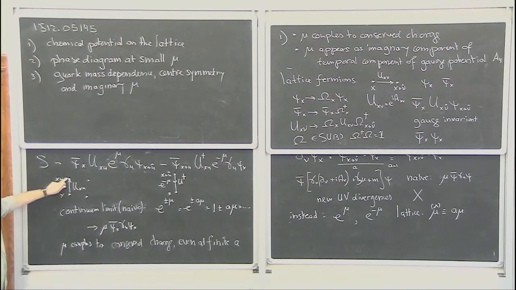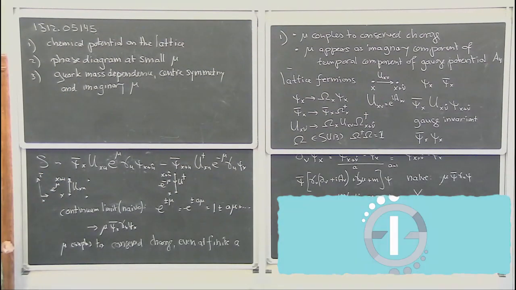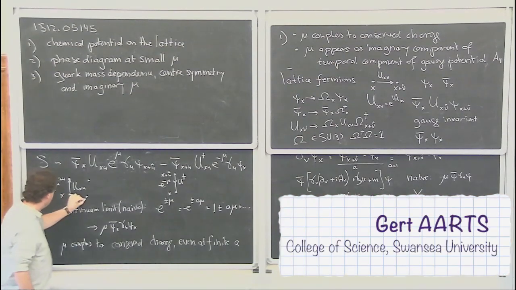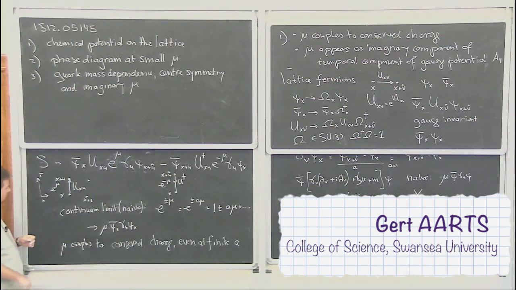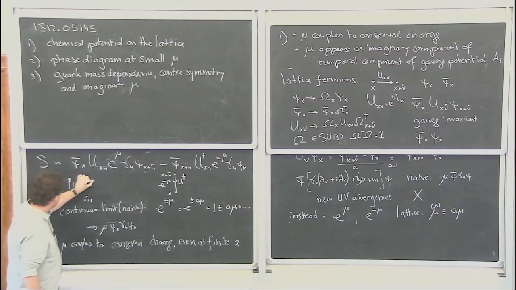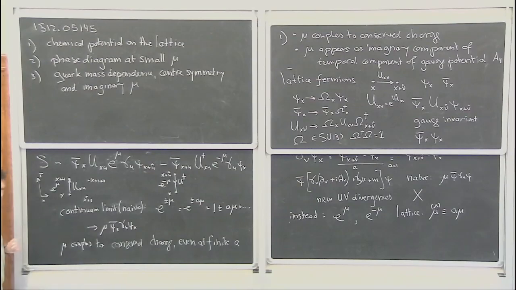So I would call this x plus 4. In this direction, this site would be x plus 1, suppose I'm in the x1 direction. And this site would be x plus 1 to the right and 1 in the up direction.